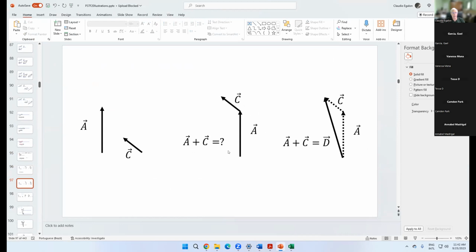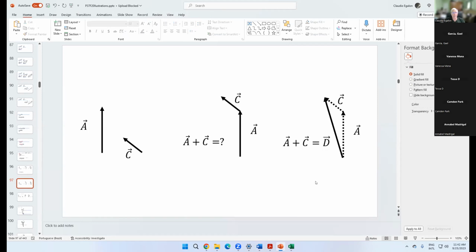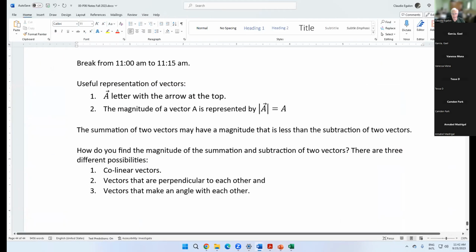So here we go. We know that the resulting vector can be obtained with the head-to-tail method, but then we have to figure out how we can get the magnitude of this resulting vector. In the case of two perpendicular vectors, all we have to use is the Pythagorean theorem.